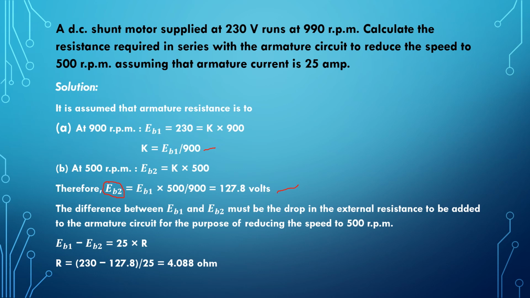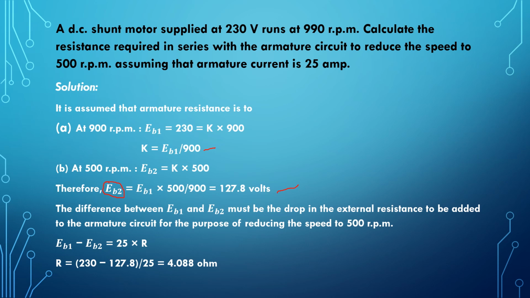And the difference between E sub B1 and E sub B2 must be the drop in the external resistance to be added to the armature circuit for the purpose of reducing the speed to 500 RPM.